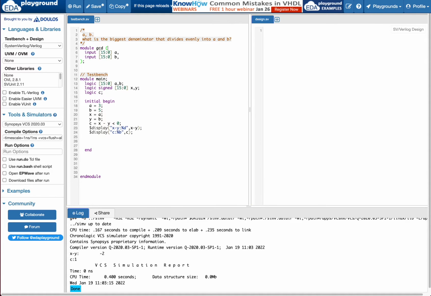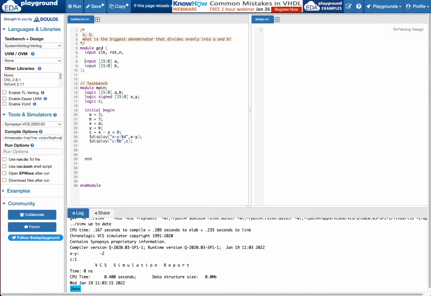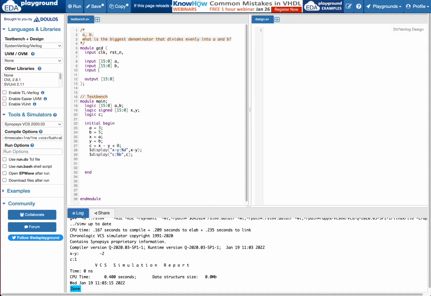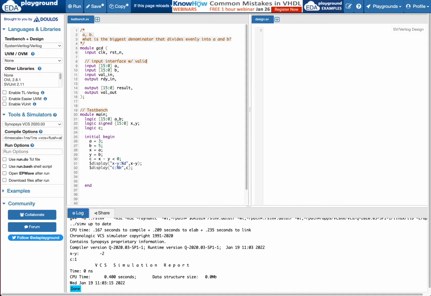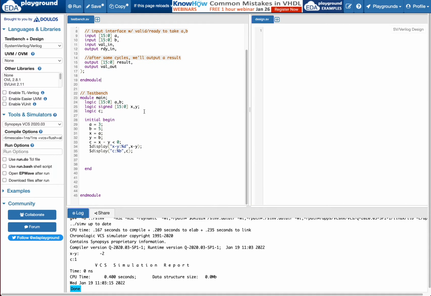And then once I write down the input parameters, then I'll say, so this interface is an input interface with valid ready to take A and B, and then after some cycles we'll output a result. And then so how do you approach this problem?